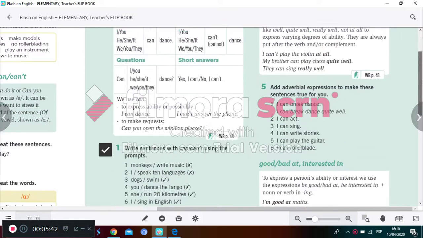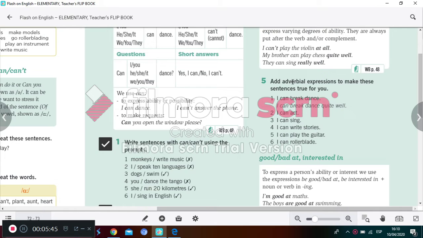So, in activity number 5, here we have 6 sentences. And you need to write these 6 sentences using the degrees of ability, but according to your information. You need to rewrite these sentences, reescribir, using the degrees of ability, de acuerdo a tu información. For example, in my case, I, teacher Angelo, can break dance quite well.